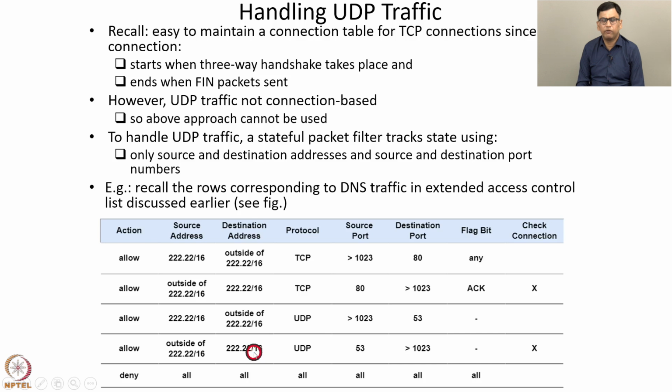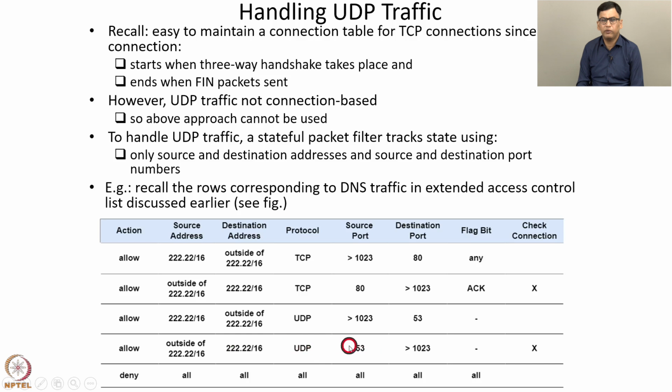When a host from inside the organization's network sends a DNS query, the stateful packet filter will store the source IP address, destination IP address, source port number, and destination port number, and it will know that a DNS query has been sent.